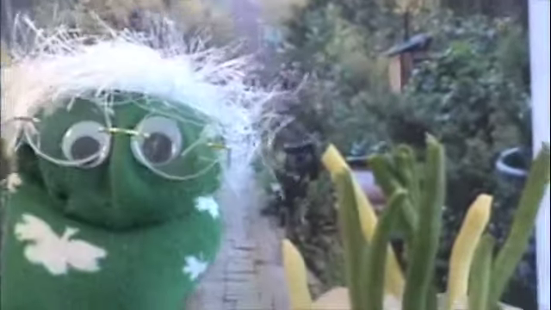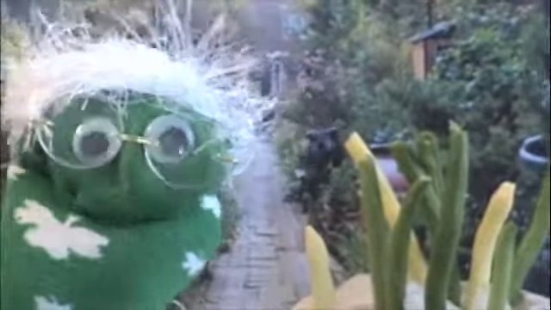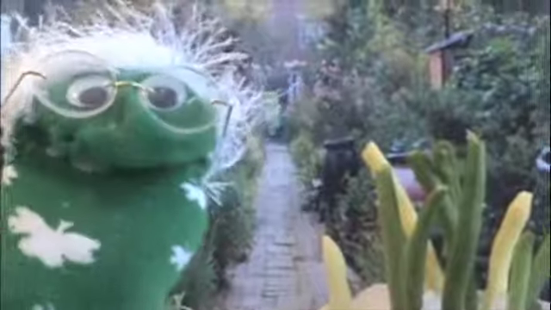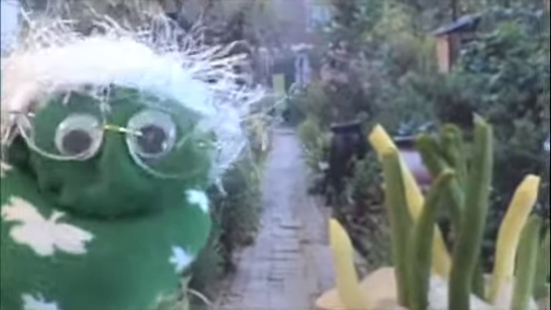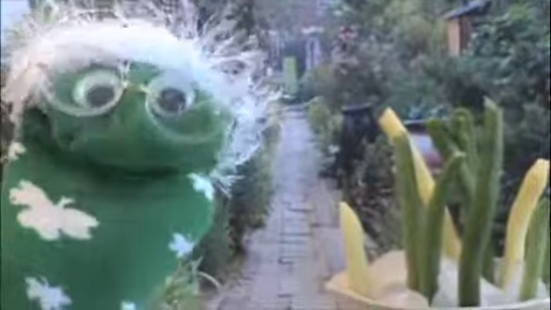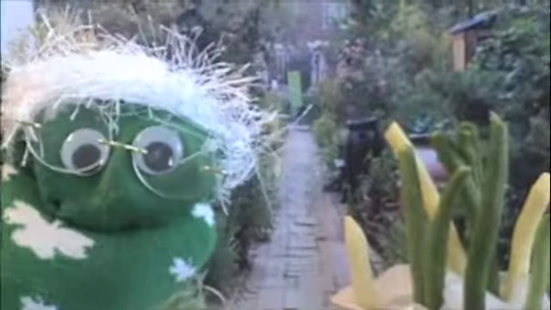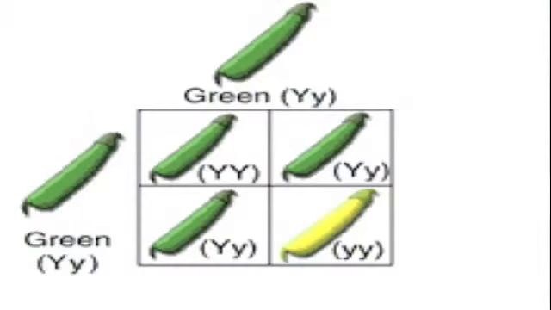Here we are. You see how there are more green pea pods than yellow pea pods? That's because the gene for yellow pea pods is recessive and is overcome by the dominant gene of green pea pods. Here, I'll show you a Punnett square, and maybe you'll have a better understanding of it. The big G represents the dominant gene, and the little g represents the recessive yellow gene.